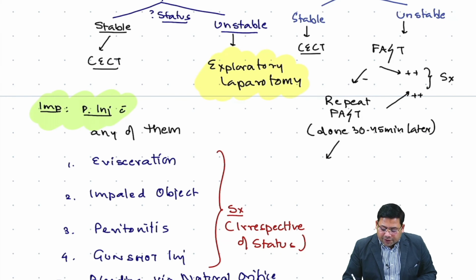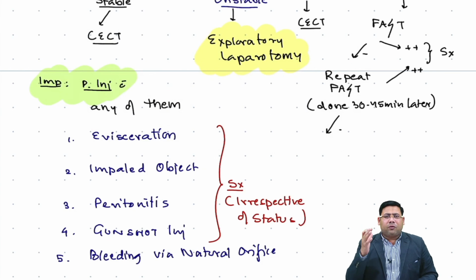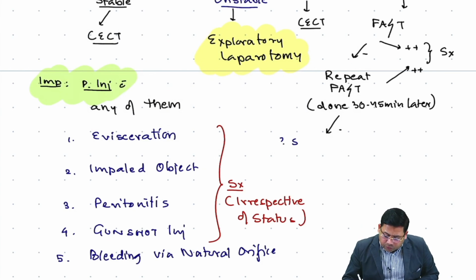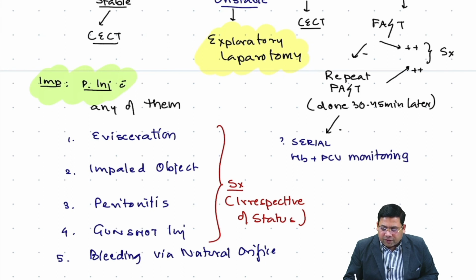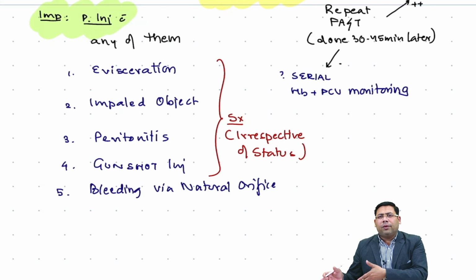If repeat FAST is negative, FAST after FAST is negative, then you will always have to sense that it could be a case of retroperitoneal organ injury. So in that case, you can go for serial hemoglobin plus PCV monitoring. Why? Because if it is a retroperitoneal organ injury, the patient is going to bleed and there will be a sequential drop in the hemoglobin and PCV.